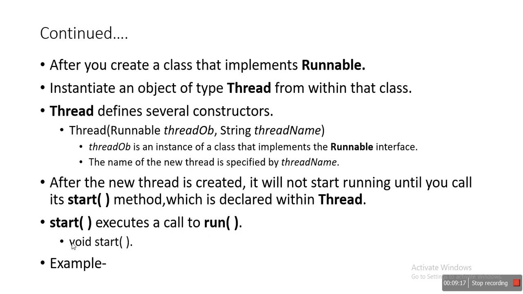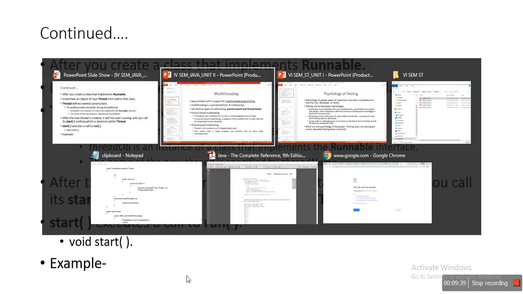So start is called, and run is called as an entry point. Once you call the start method on that particular object, this run method is implicitly called, because run is the entry point or starting point of a thread. Okay, now we'll see an example of how this works.